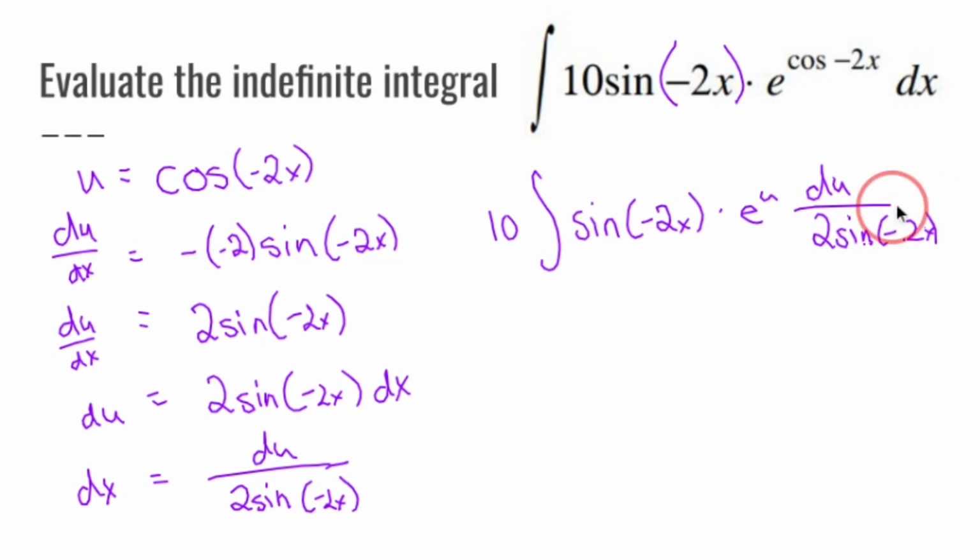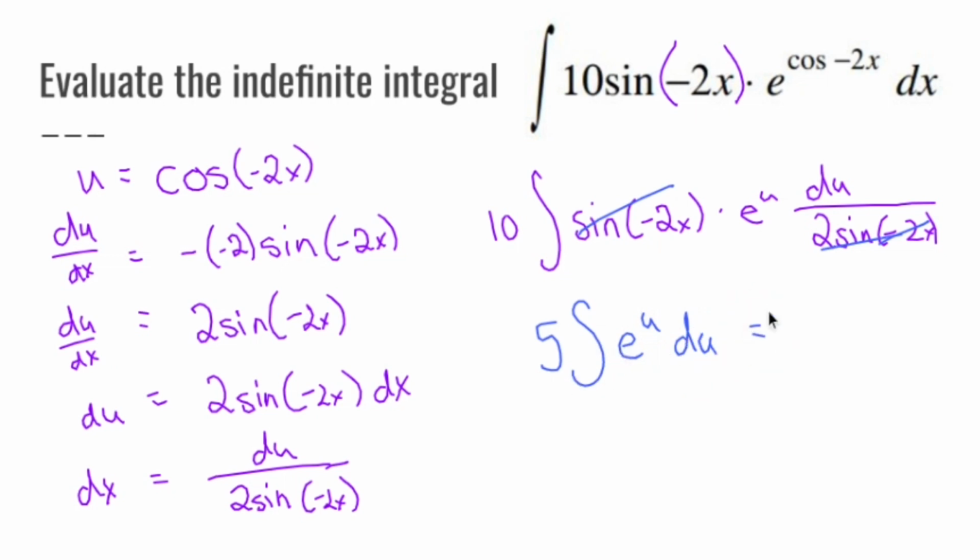The magical thing that happens here is the sine stuff disappears, which should happen. Anything that involves the x's should go away if you do this. All right, 2 is on the bottom, 10 is on the top. This becomes 5. So I have 5 times the integral of everything is gone except for e to the u du.